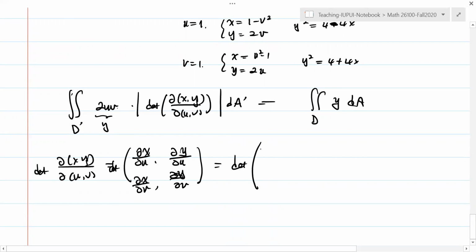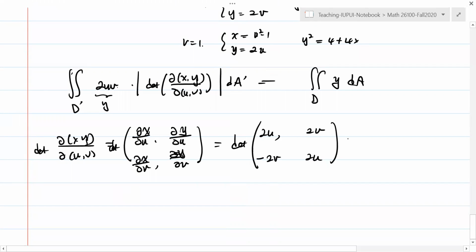All right, so partial derivative of x with respect to u is 2u. Partial derivative of y with respect to u is 2v. Partial derivative of x with respect to v is 2v. And the partial derivative of y with respect to v is 2u. So the determinant will be 2 times u squared minus v squared.